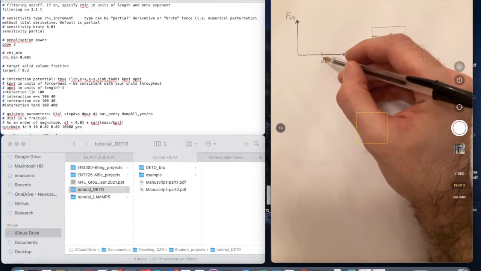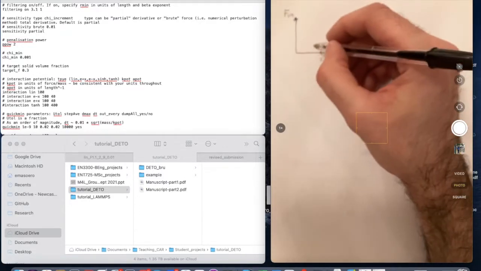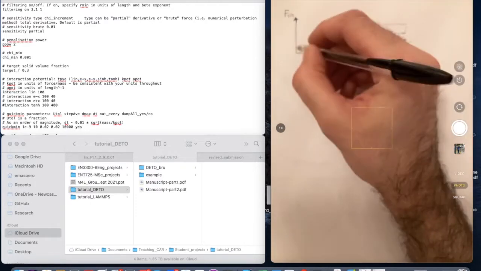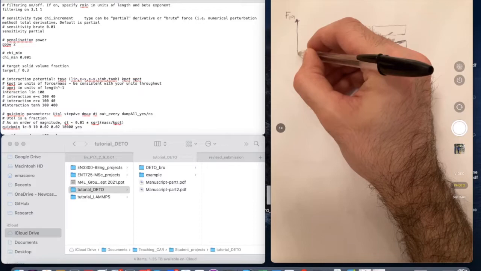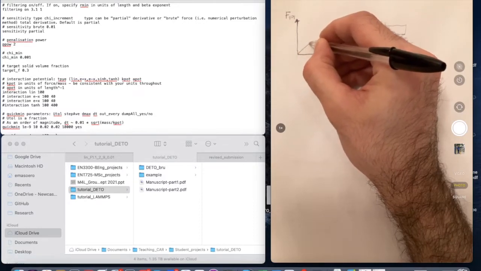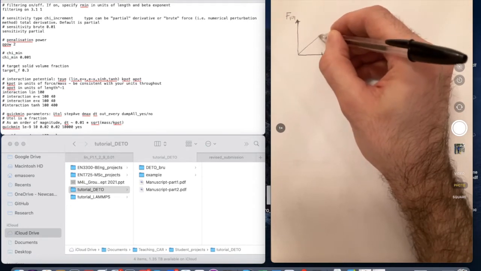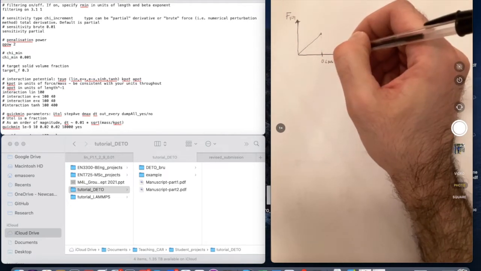As you progressively increase the displacement, the structure will progressively increase the force that is needed until you reach the target displacement of 0.4 millimeters, and then the system will stop.